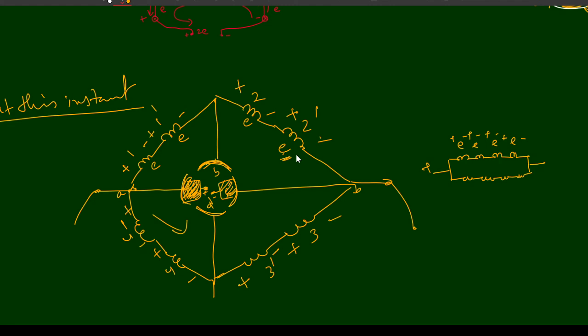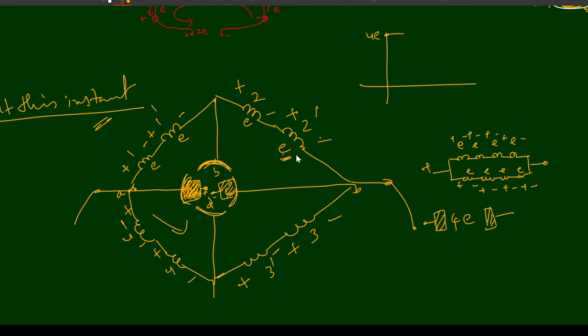So altogether at this moment we have 4 E's collected from the brushes. That is, voltage 4E is obtained between the segments A and C. So let me show that waveform here. This is 4E, and it will go like this.